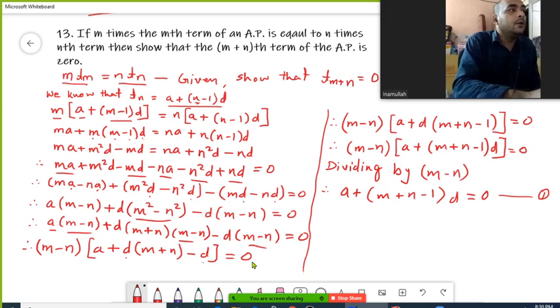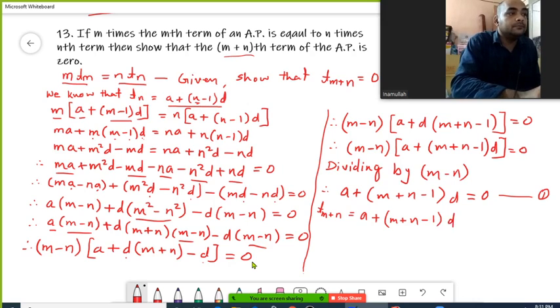Now the question says show that the m plus nth term is 0. So here we need T(m plus n) as 0. So Tn is a plus (n minus 1) d. So instead of n we have m plus n: a plus (m plus n minus 1) into d.